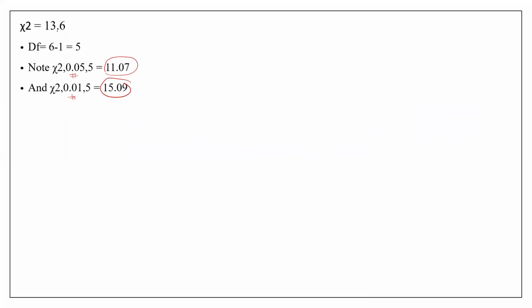So now you can see that your chi-square value 13.6 is greater than 11.07.